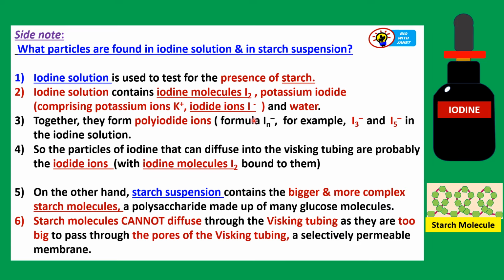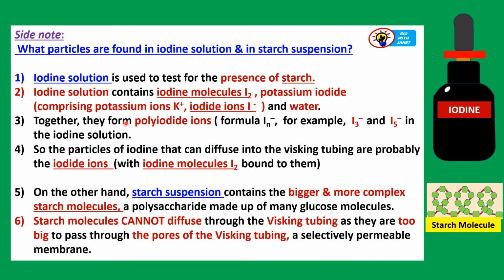Now, iodine solution itself contains iodine molecules, I2, which are not charged, and also potassium iodide solution is added to this iodine solution. So potassium iodide contains potassium ions K+ and iodide ions I-, in water.